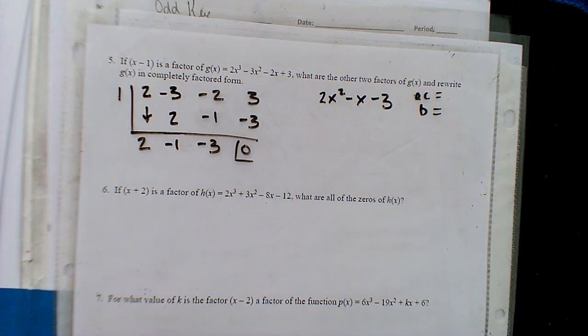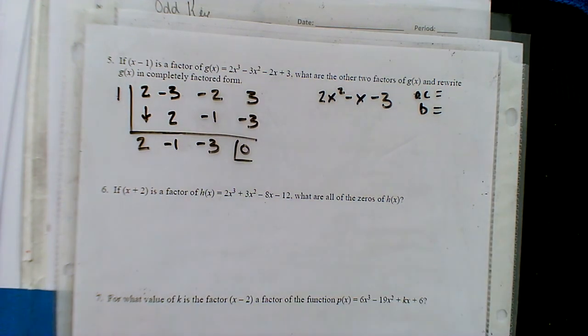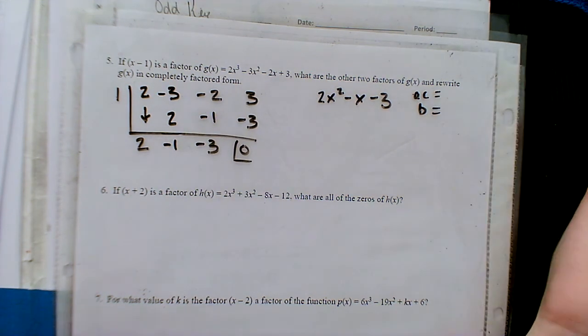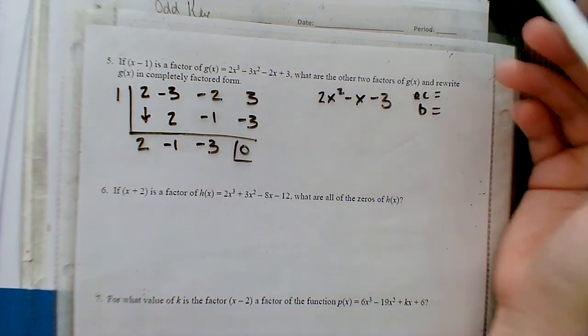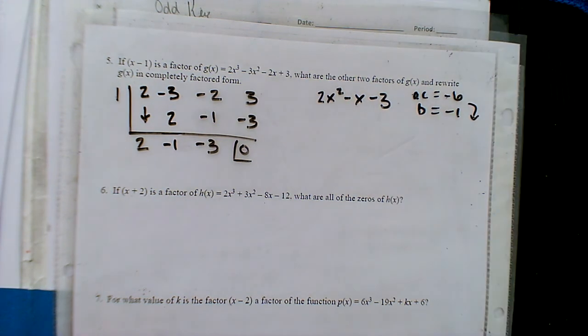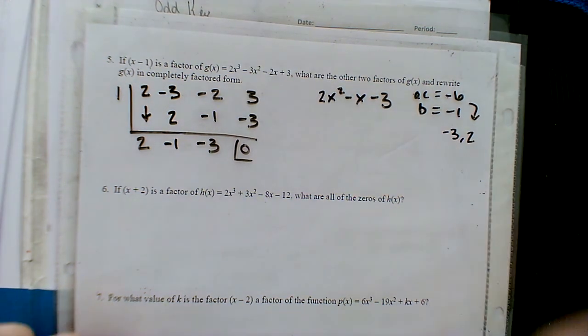Since it does not fit the easy setup because the A value is 2, we have no choice in this case but to go through A times C adding to B. So A times C would be -6, B is -1. Can we think of two numbers that multiply to -6 but add to -1? -3 and +2.